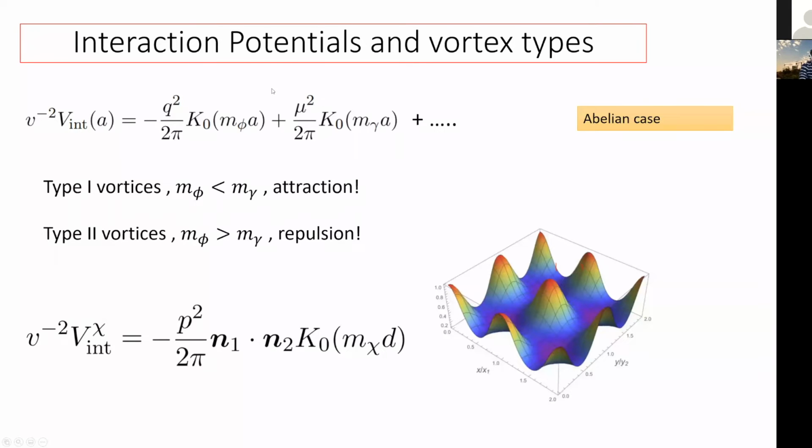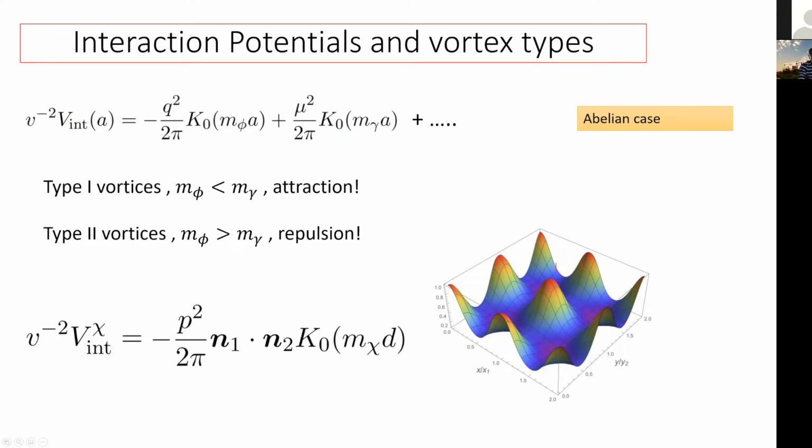I messed it up. When m phi is smaller than m gamma, this term dominates because the exponential decay is slower. This exponential decay will be faster because m gamma is larger. It's like exponential to the minus m gamma, therefore it will decay exponentially faster. Therefore, this term is the most relevant. And since this is a potential and this has a minus term, we see that the force is attractive.